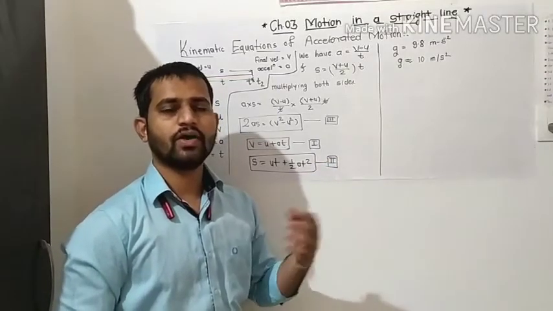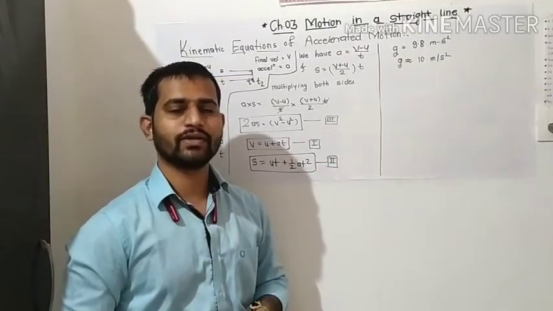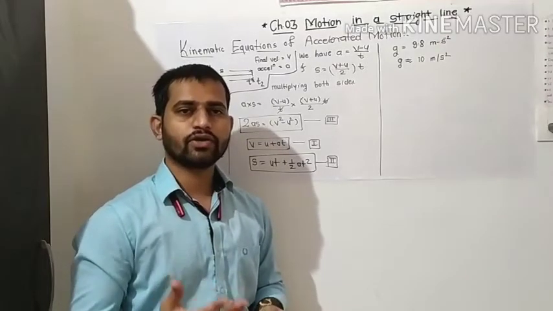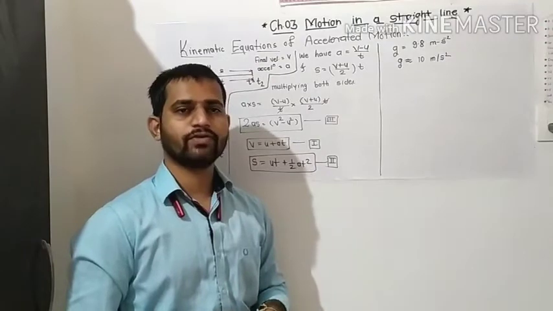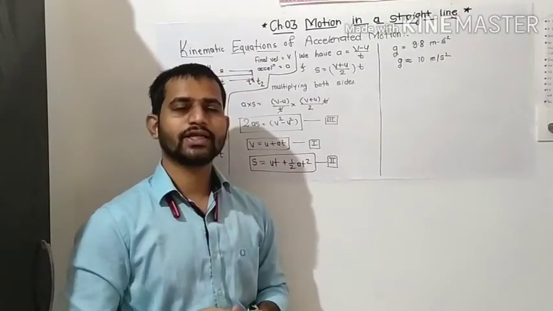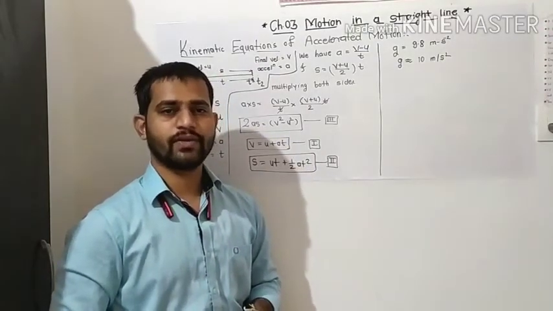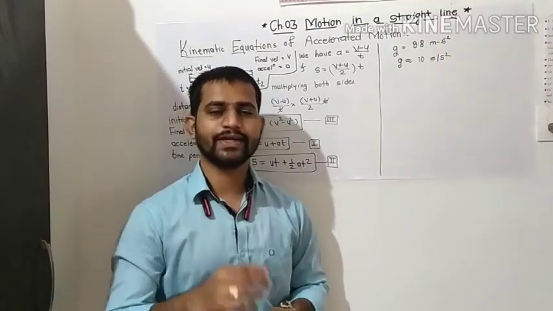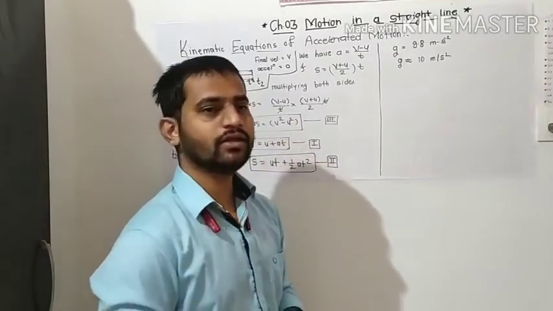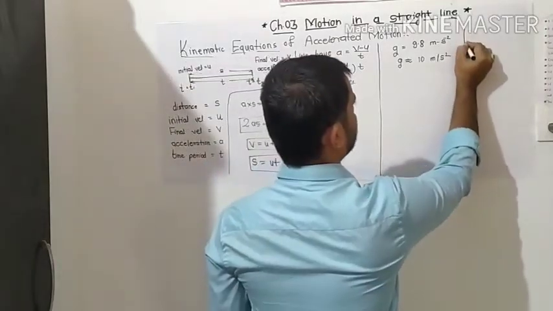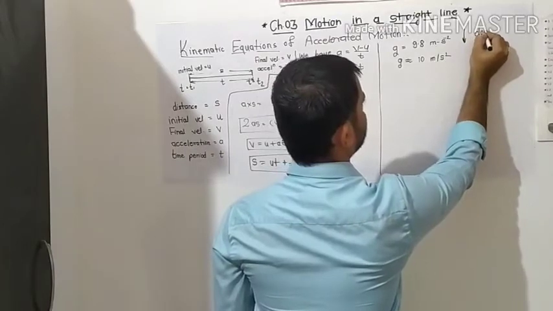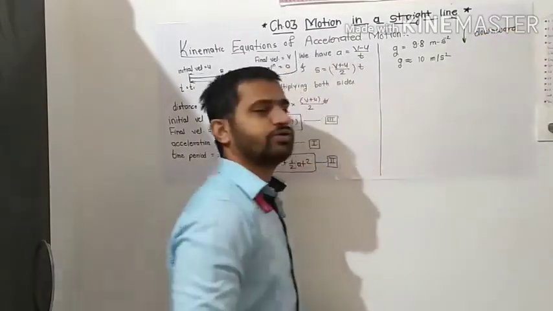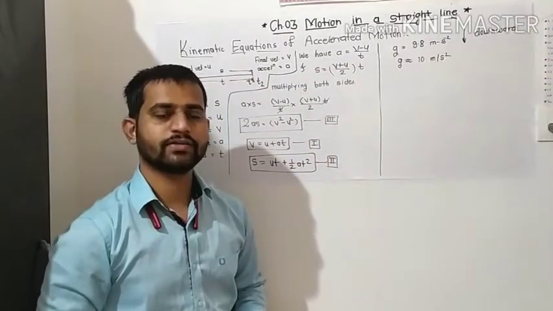Now why do we have to go for the acceleration due to gravity? Because it is present in any type of motion. Whenever we walk, or whenever we throw any object, there is the presence of acceleration due to gravity, because it is generated by the gravitational force of the earth, and it is always directed downward.